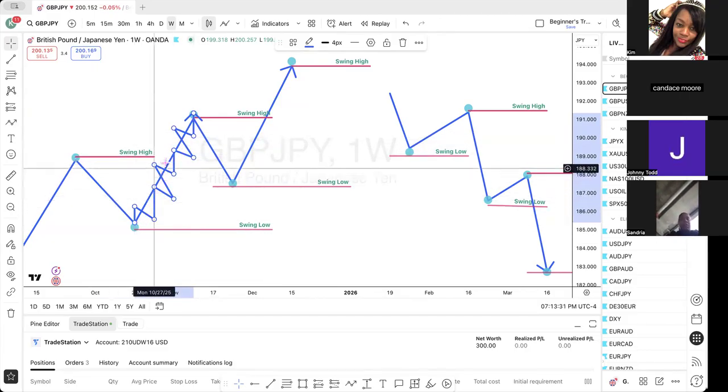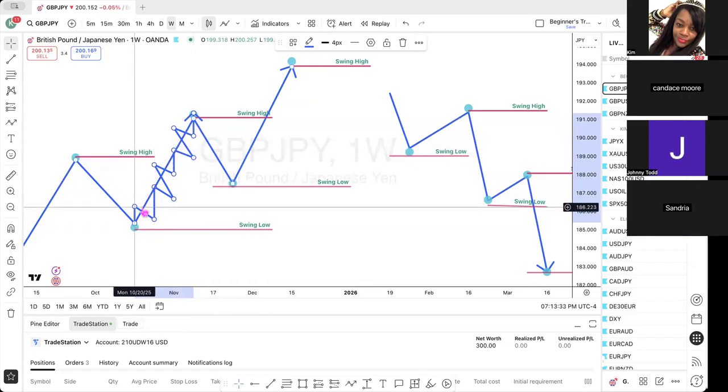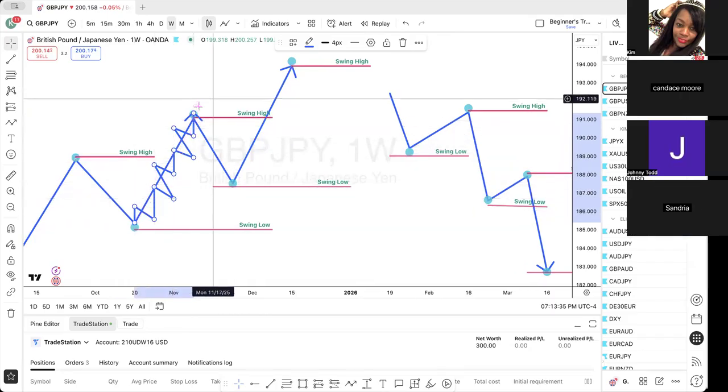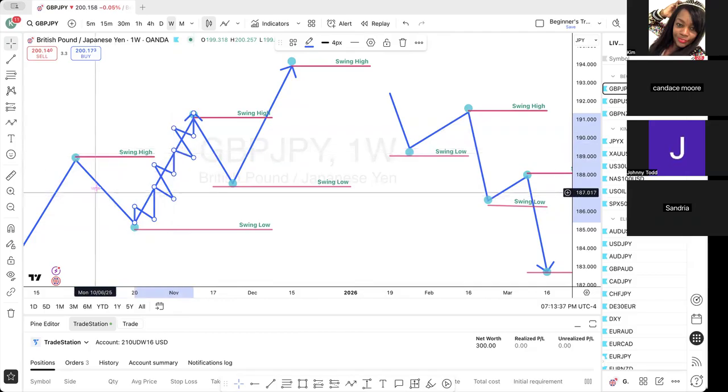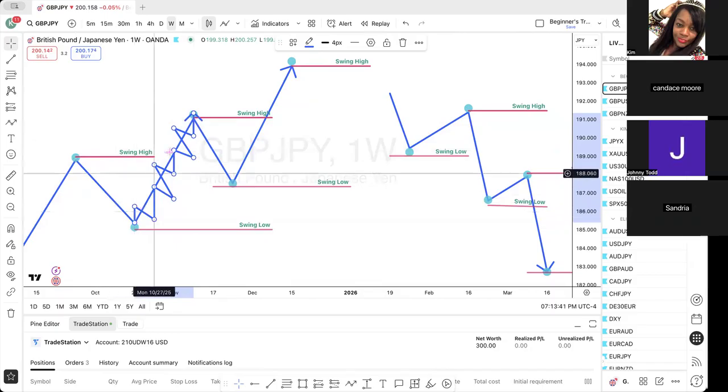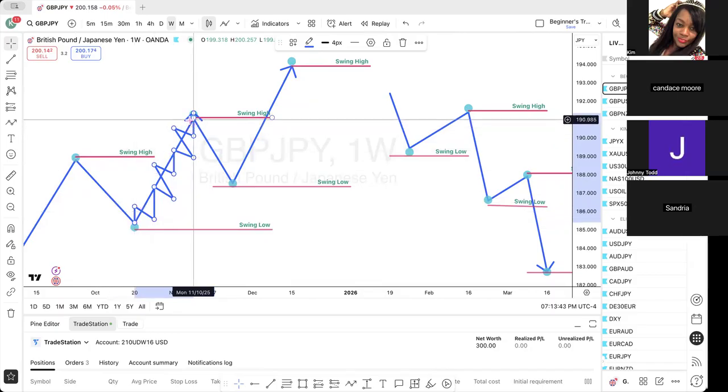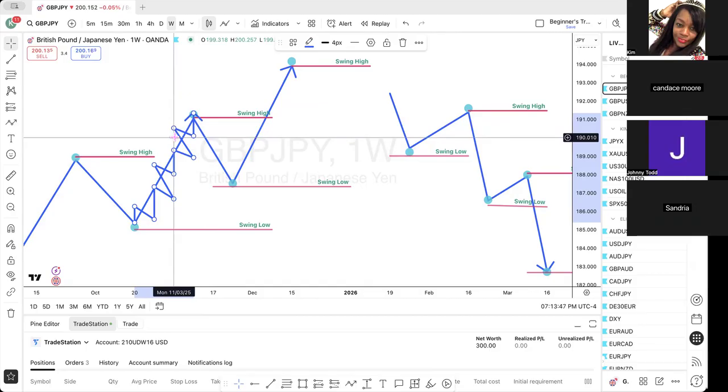When it's within one leg, it's considered internal structure. When it's higher time frame, it's considered external structure. You won't hear me say external a lot, but you will hear me say internal a lot.